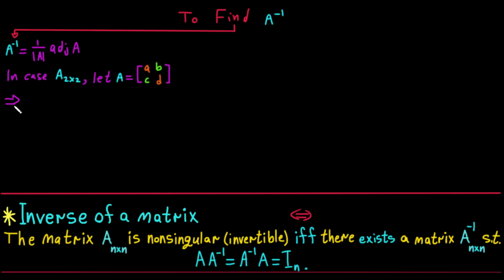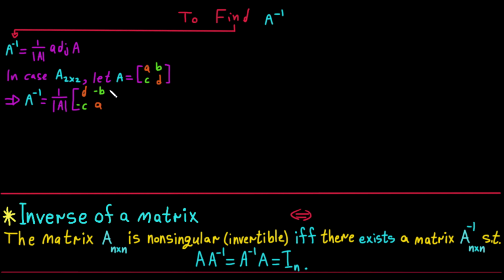Then A inverse equals, it's very easy to find, 1 over the determinant of A times this matrix: just swap these two, so d and a, and multiply b by negative, so negative b, and multiply c by negative, so negative c.